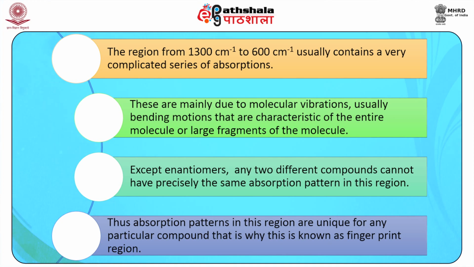Except for enantiomers, any two different compounds cannot have precisely the same absorption pattern in this fingerprint region. Thus, the absorption pattern in this region is very unique to any particular compound. That is why it is also called the fingerprint region.